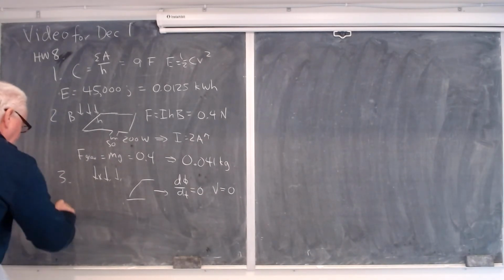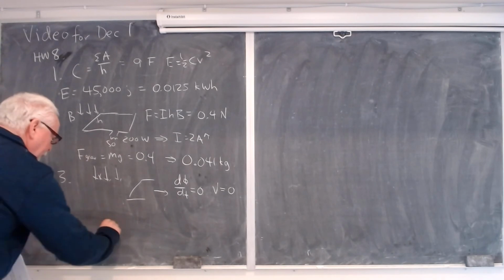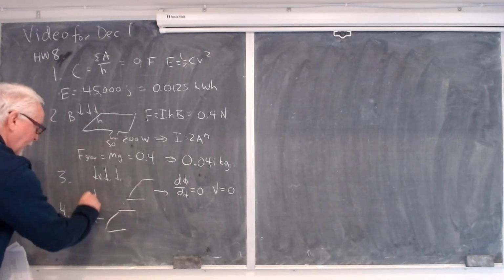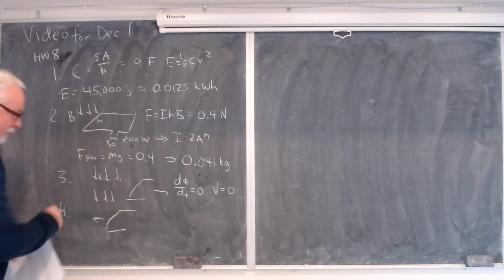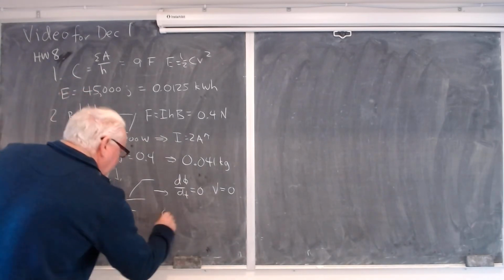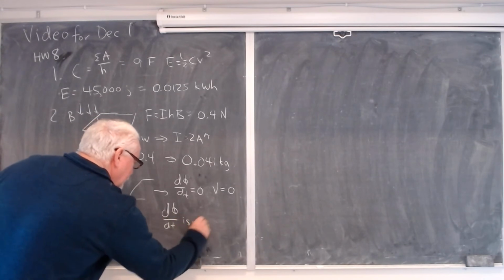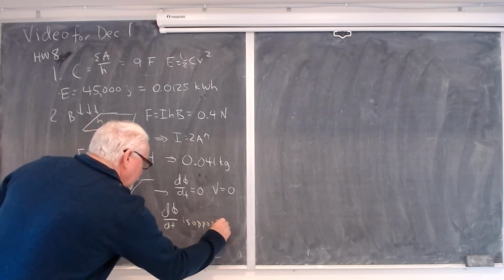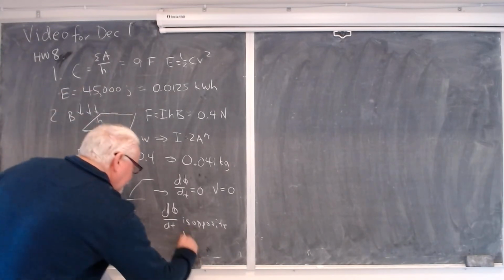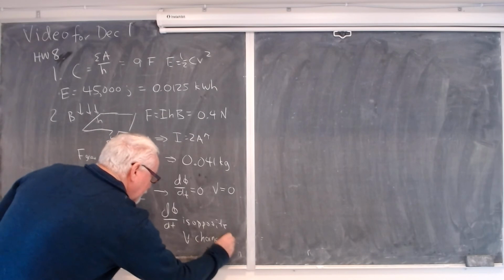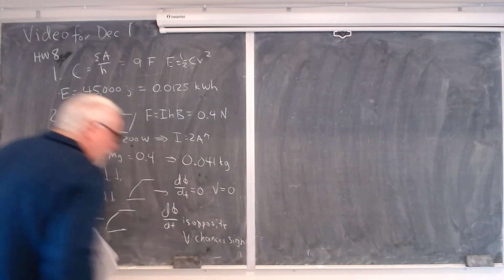The same kind of problem, number 5, if you push the coil back into the magnetic field, then d phi dt is opposite, and so v changes sign, or polarity.